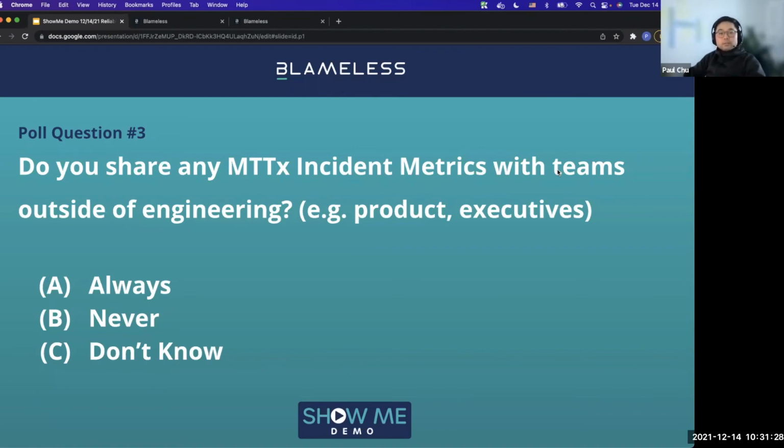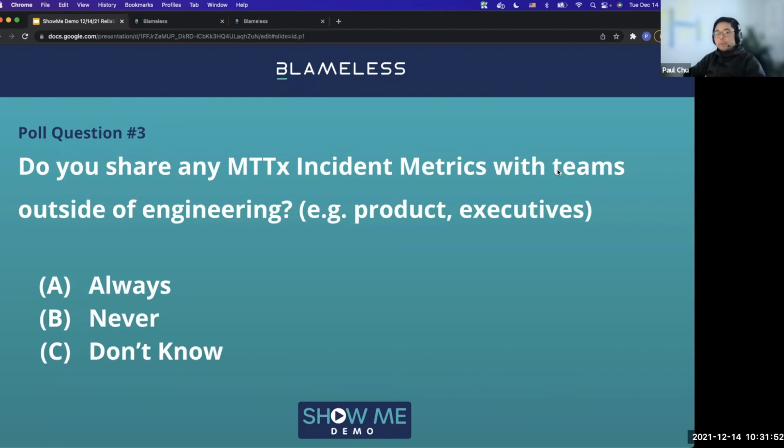80% don't know if we're sharing MTT metrics with teams outside of engineering. That is interesting. There are a lot of thoughts running through my head. Maybe it's due to the fact that MTT metrics are not being tracked, so that's why we don't know.